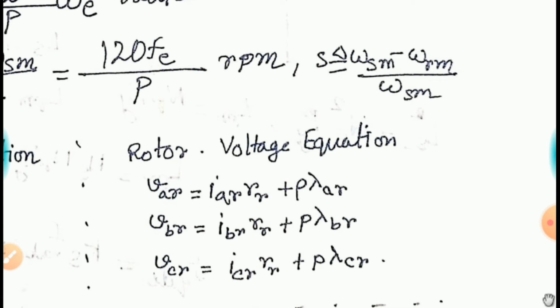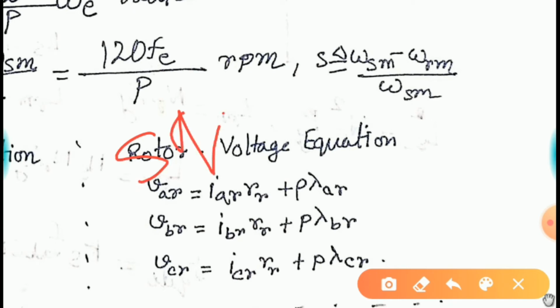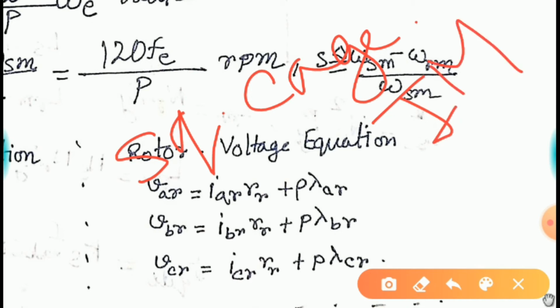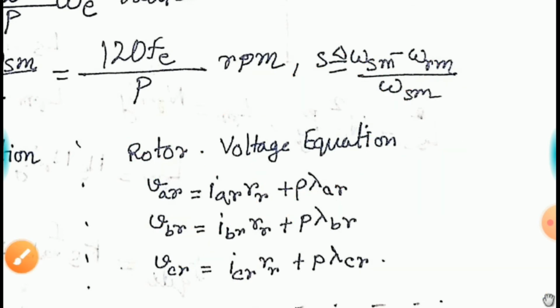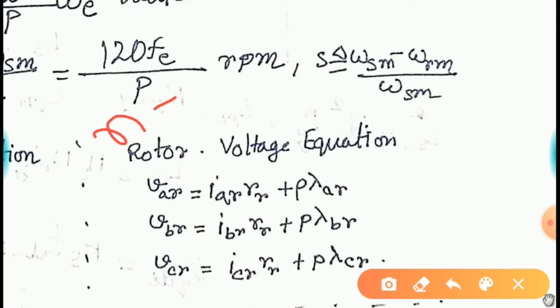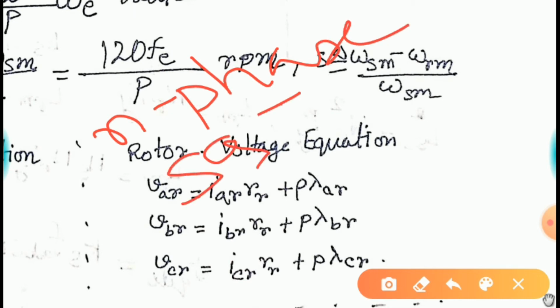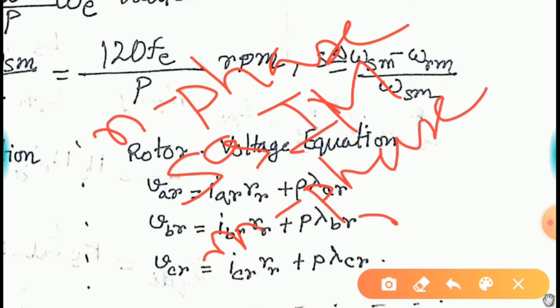And here one thing I would like to mention: in case of a squirrel cage induction motor, there is no need that you have a three-phase rotor. You may have an m phase rotor.